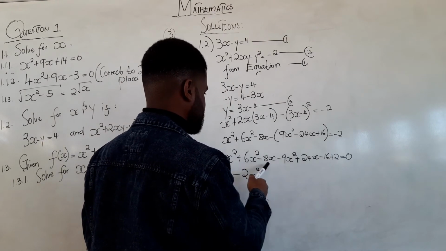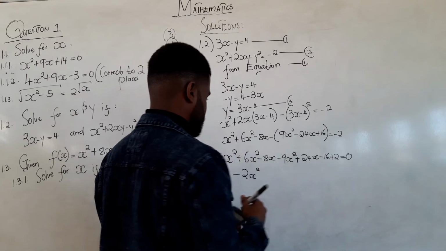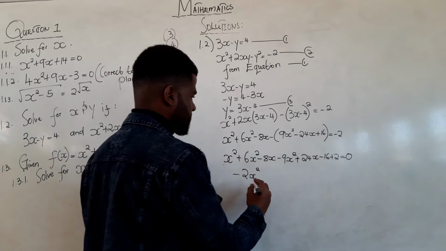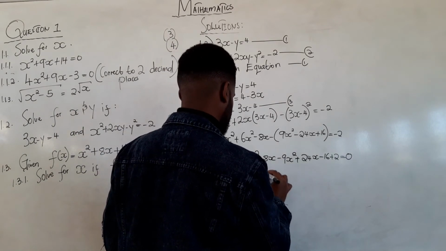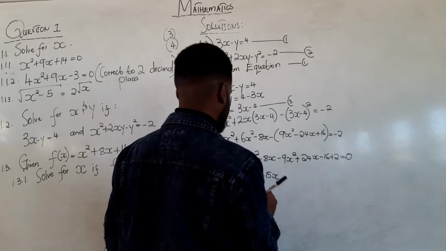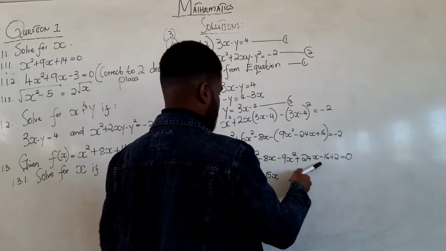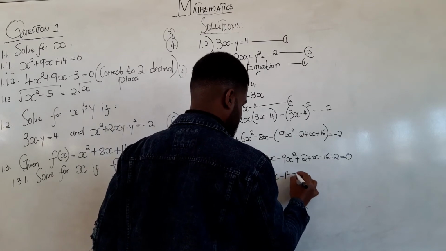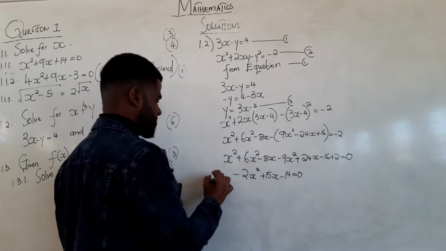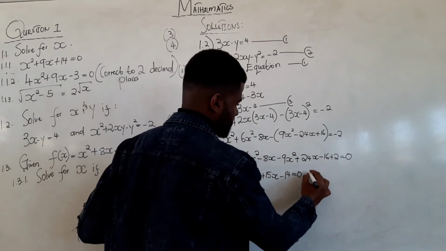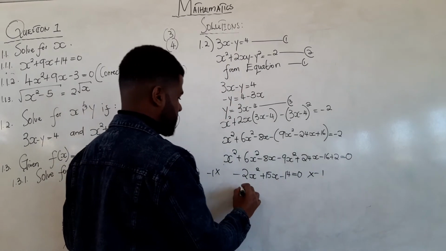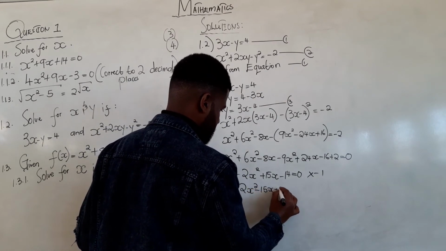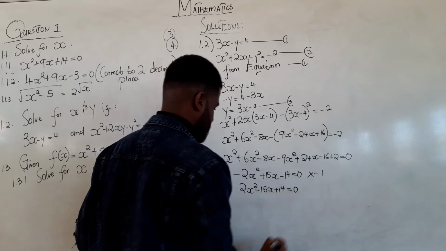And then our other terms: negative 9x plus 24x gives you 15x, and then our constants, negative 16 plus 2, which gives you negative 14. And then we multiply both sides by negative 1, so that the coefficient of x squared becomes positive. Therefore, it is going to be 2x squared minus 15x plus 14 is equal to 0.